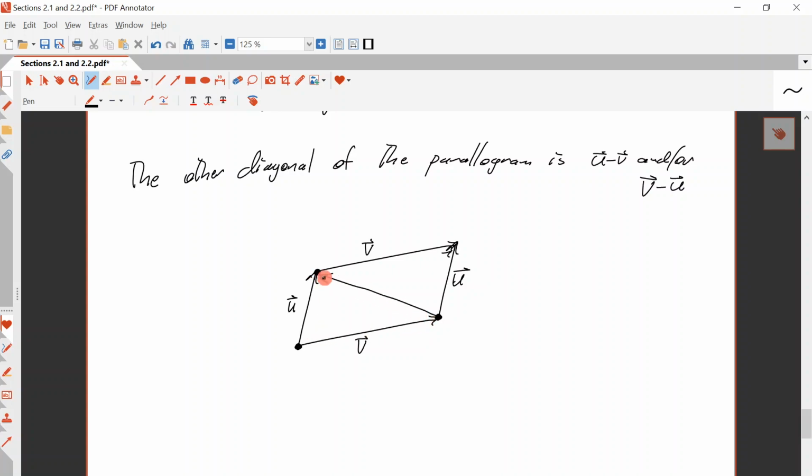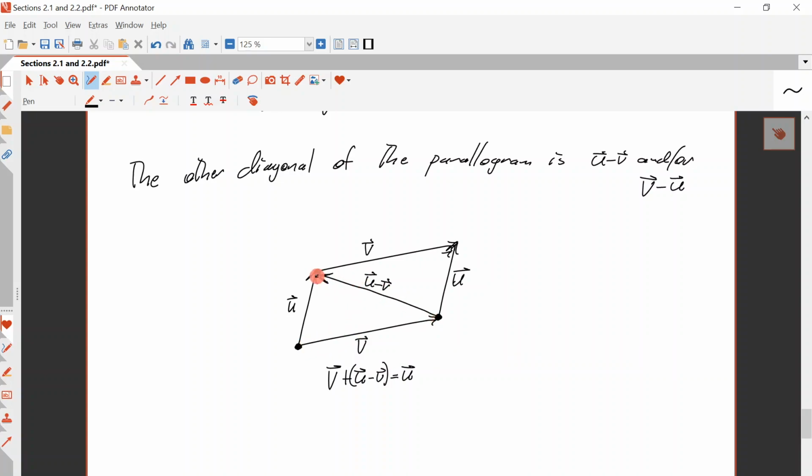Well, v plus x equal to u, this must be u minus v. Because v plus u minus v is just equal to u, since this vector here is drawn head to tail with v.